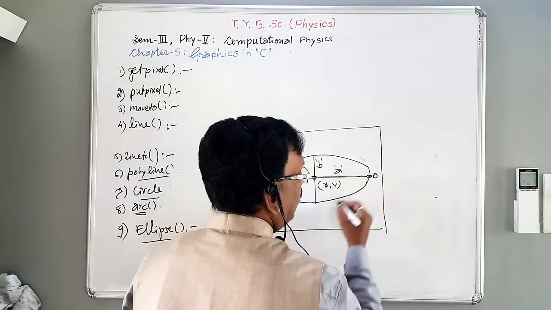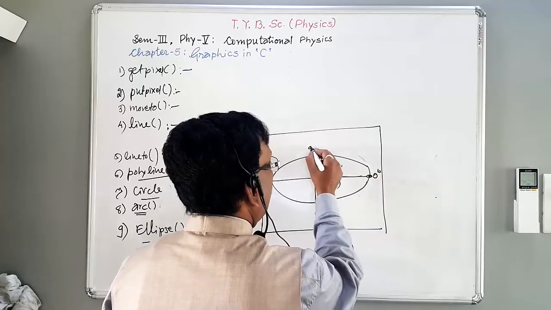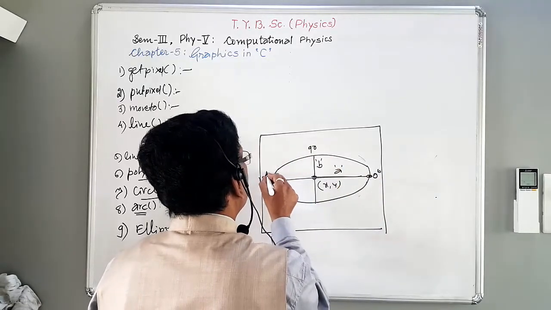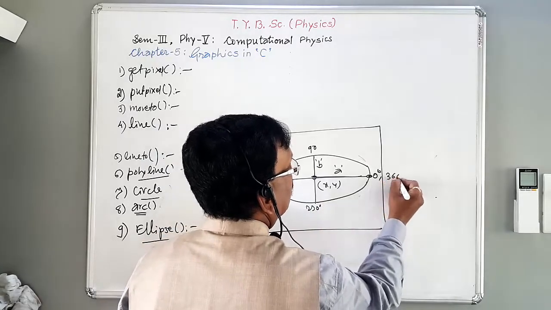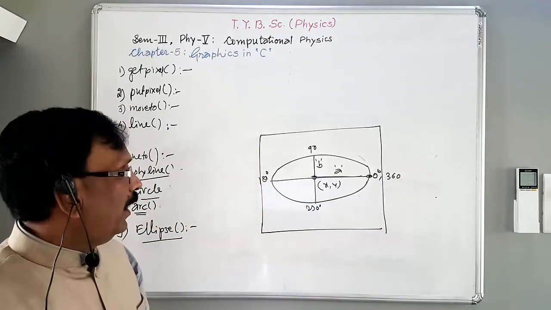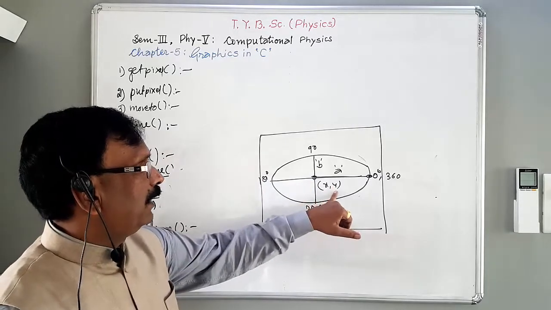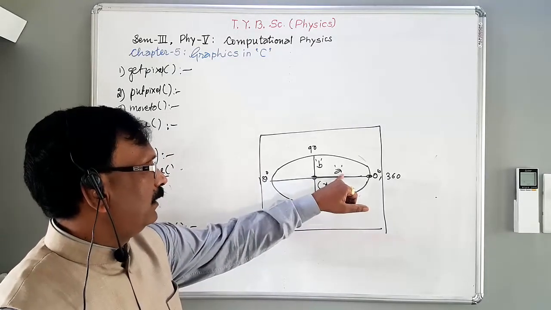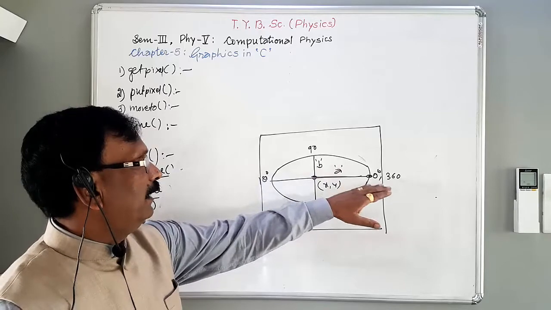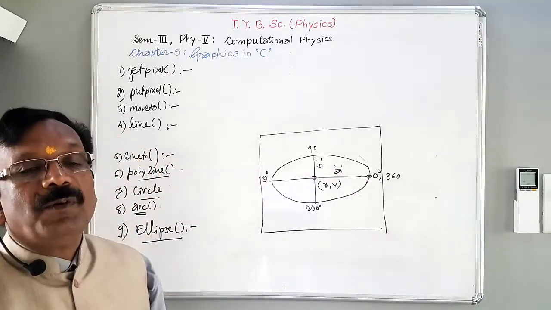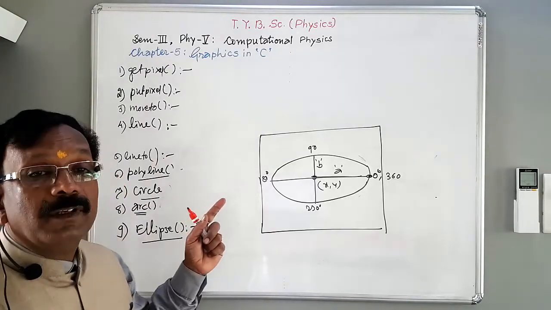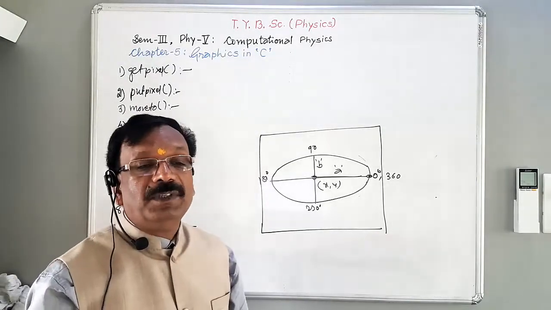For this purpose, the starting angle is 0 degree, here 90 degree, here 180 degree, here 270 degree, and here 360 degree. When we provide integer x, integer y, semi-major radius, semi-minor radius, starting angle and ending angle, by using such a command, the computer can draw an ellipse on the screen.